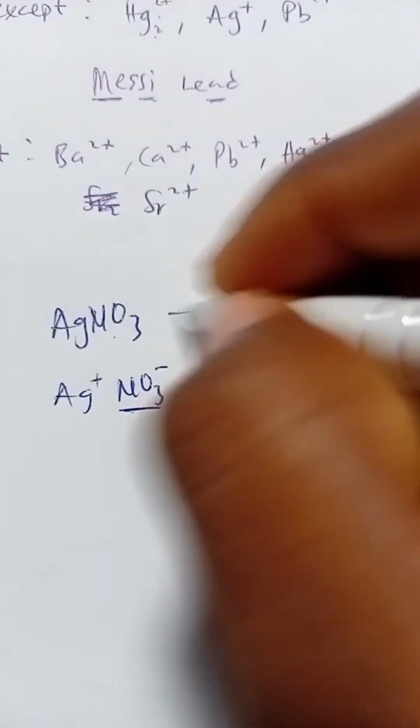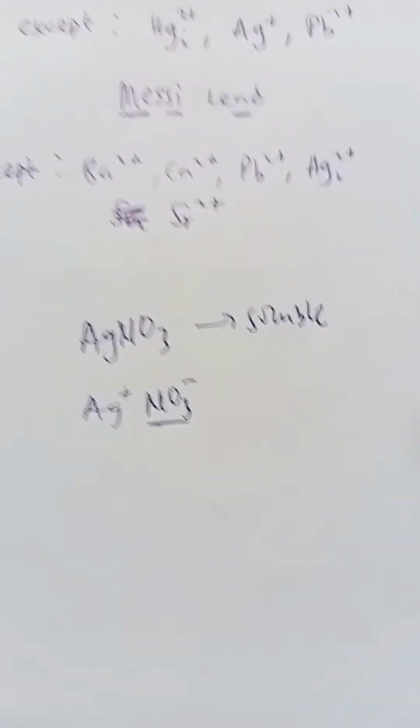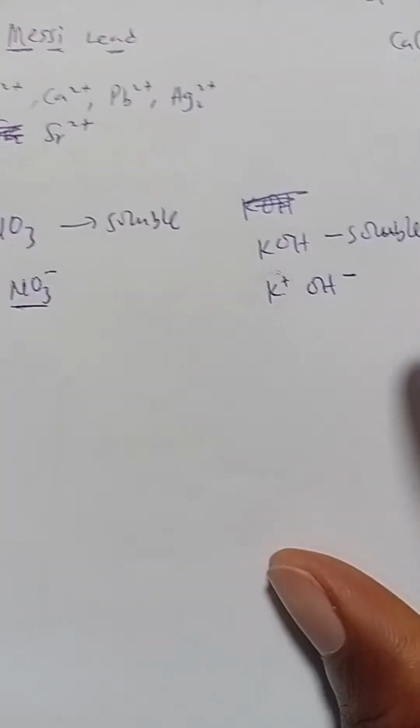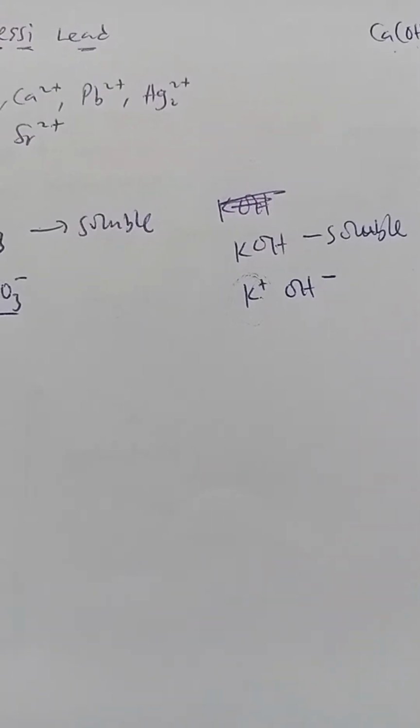So this salt is going to be soluble. Let's take potassium hydroxide, KOH. This is made up of K+ and OH-. We can see that all group 1 metal ions form soluble salts. So this is also going to be soluble. We are just applying our solubility rules.